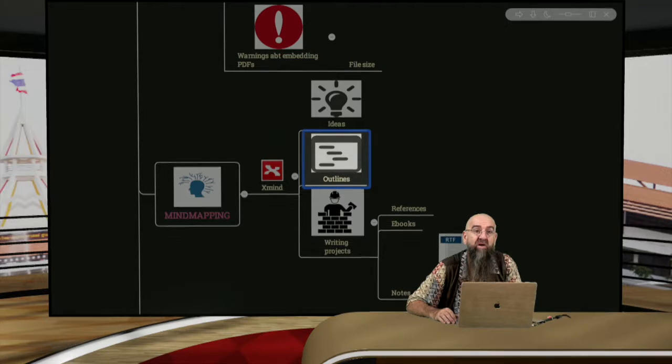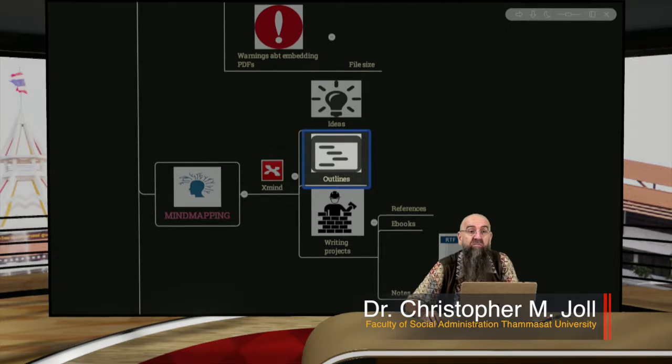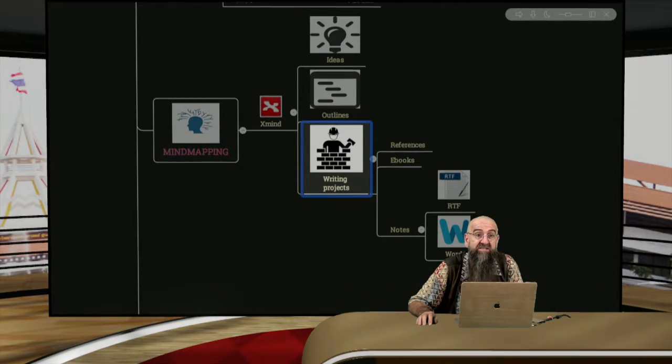And this can provide outlines for you to begin writing, for example, term papers or notes on particular topics. Another common use for mind maps is in writing projects. I'm going to be talking about using mind maps when we talk about research, but let's deal with some of the basics here.